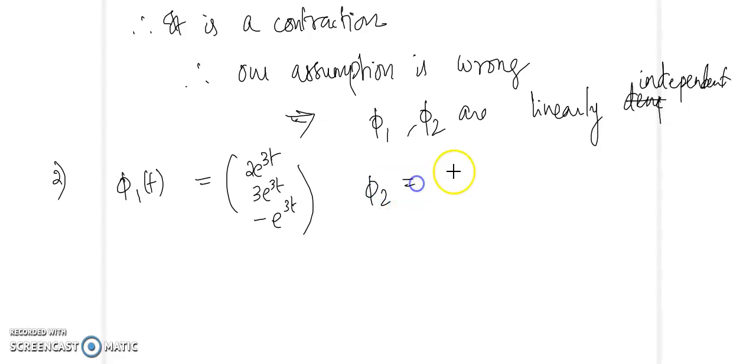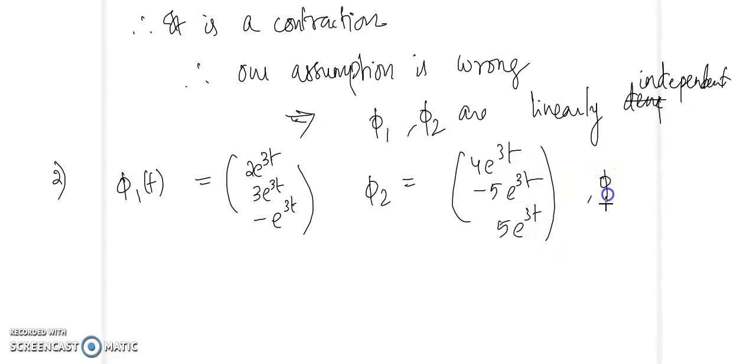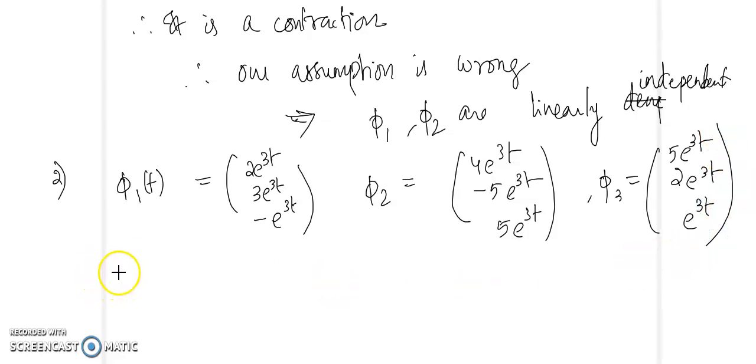And phi 2 is 4 e raised to 3t, minus 5 e raised to 3t and 5 e raised to 3t, and phi 3 is 5 e raised to 3t, 2 e raised to 3t and e raised to 3t. So let us consider the equation C1 phi 1 plus C2 phi 2 plus C3 phi 3 equal to 0.